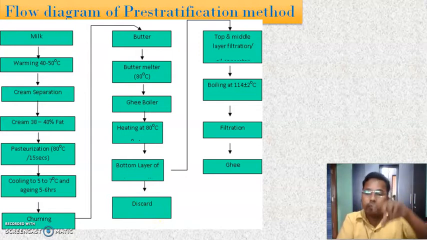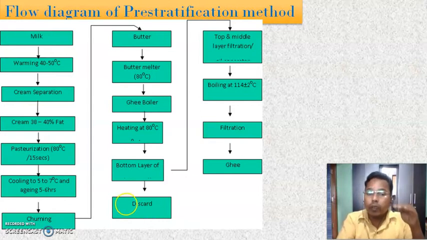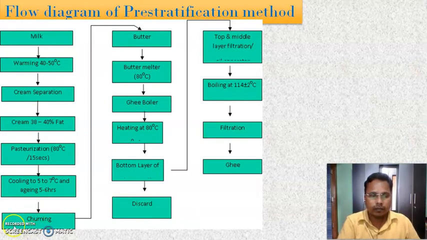It means by opening the tap of that ghee boiler, the bottom layer is mechanically removed from this ghee boiler. This discarded layer, that is the bottom layer, generally contains 80% of moisture and 60 to 70% of SNF, that is the solid not fat content.